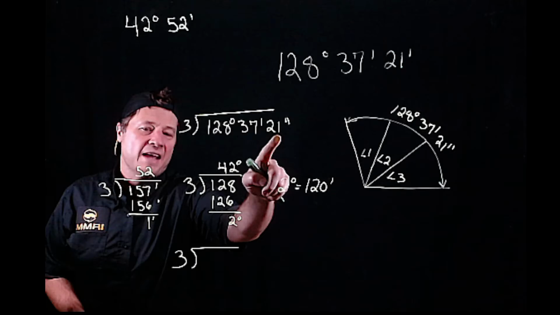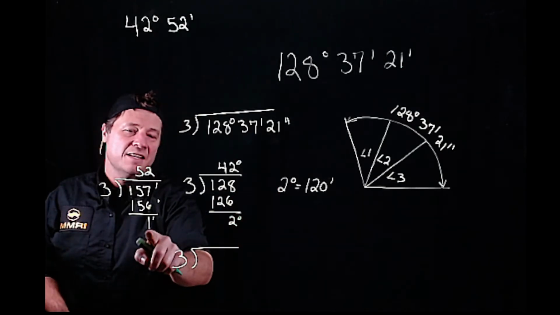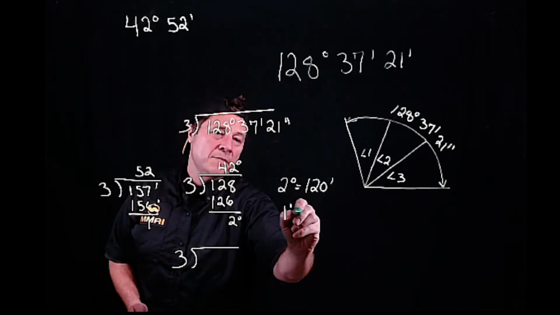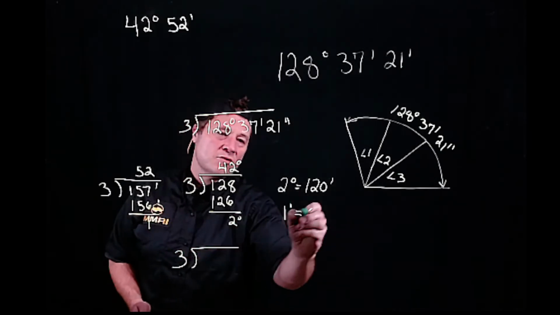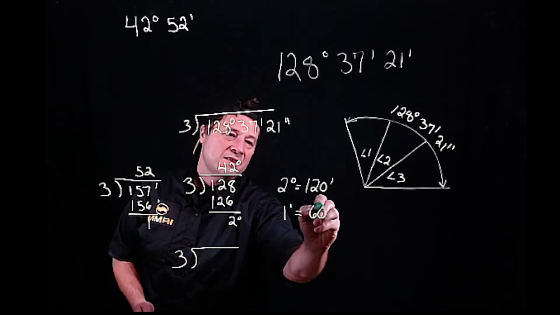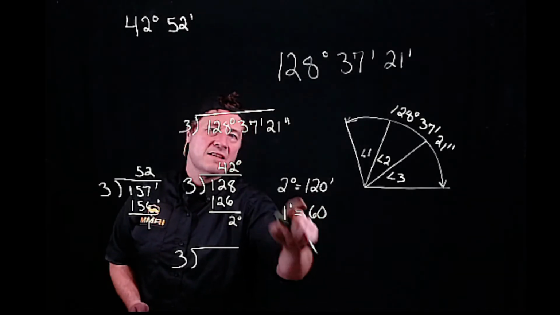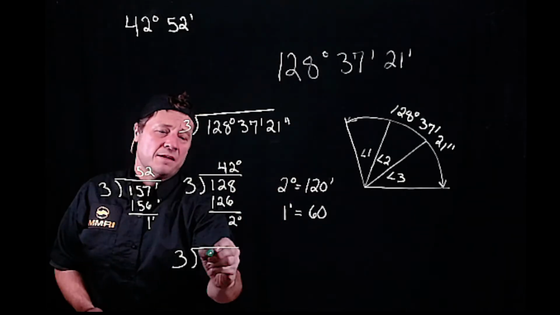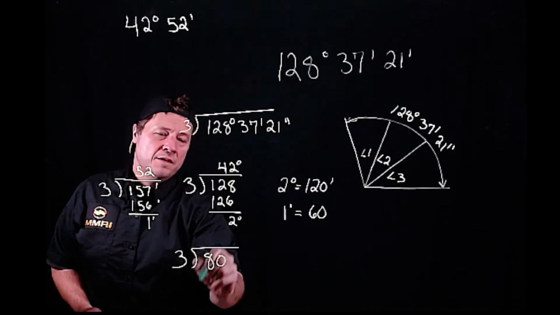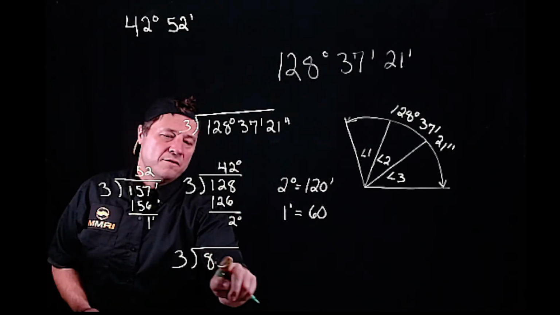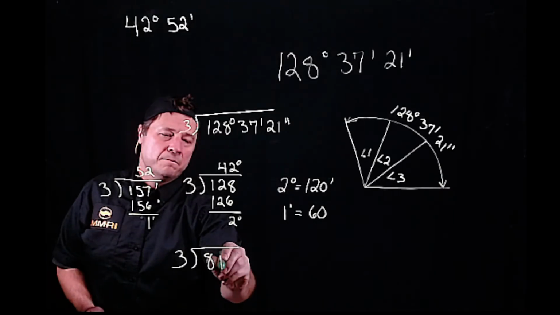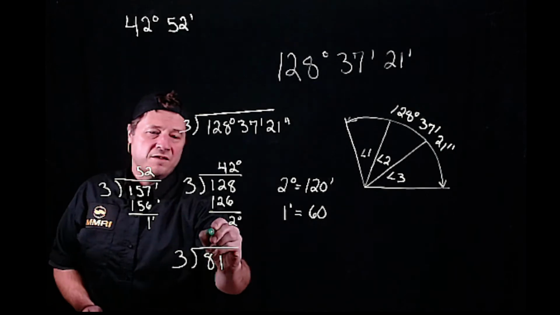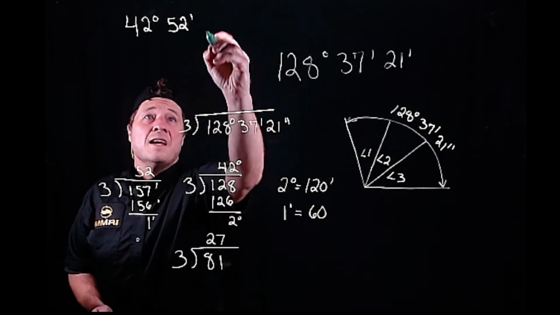Then I'm going to take the 1 minute remainder and turn it into seconds. 1 minute equals 60 seconds. So I'm going to add the 60 seconds to the 21 seconds I have, which gives me 81 seconds. So I've got 81 divided by 3, which is exactly 27.